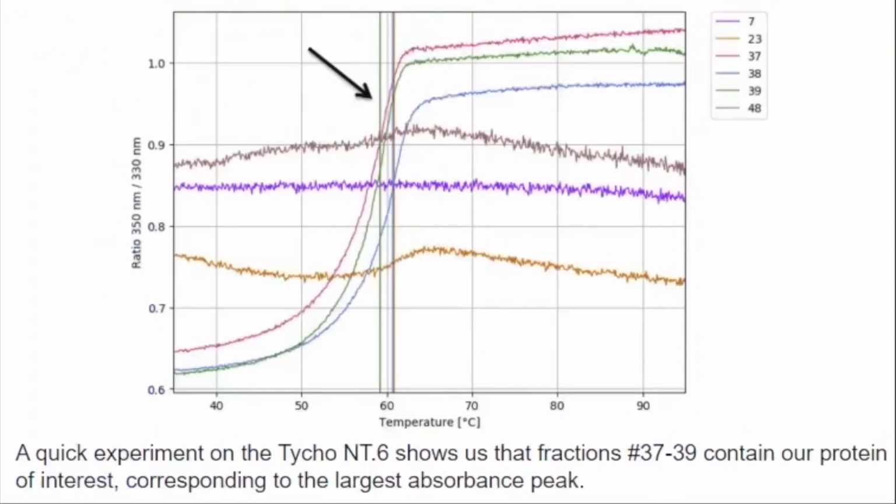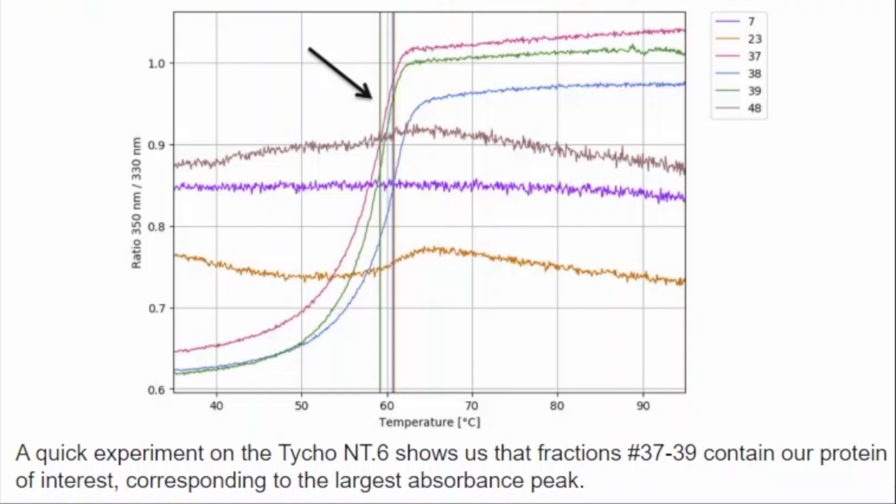And we can see here that we've got three fractions from that largest absorbance peak, which have a nice, well-defined curve on the Tycho with a TI around 60 degrees. And then those other fractions on those other points of absorbance, they're flat or they exhibit very small transitions. Those aren't the proteins that we're looking for.